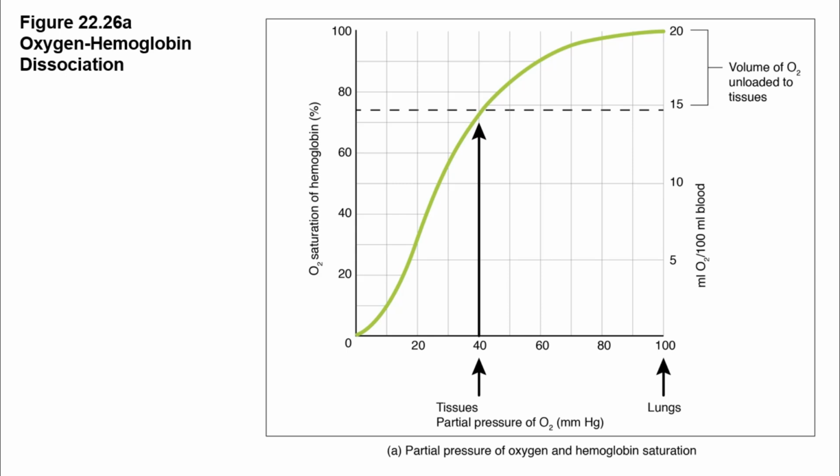Returning to the horizontal axis of the graph at the lungs, the partial pressure of oxygen entering the bloodstream is relatively high, around 100 millimeters of mercury. If we follow the vertical line up from the arrow, we see that the green oxygen hemoglobin saturation curve is around 100% saturation from the left vertical axis. At the tissues where the partial pressure of oxygen is about 40 millimeters of mercury, and we follow the arrow up until it makes contact with the oxygen hemoglobin saturation curve, we find that the curve has dropped a bit.